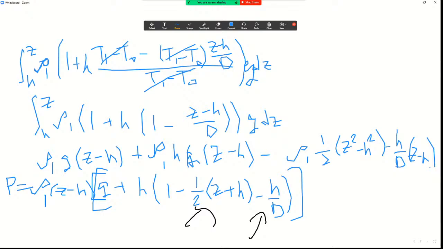G should be in all of these actually. Yes, and g should be outside. So we have rho 1 g into (z minus h) into 1 plus h 1 minus 1 half (z plus h) minus h by d.